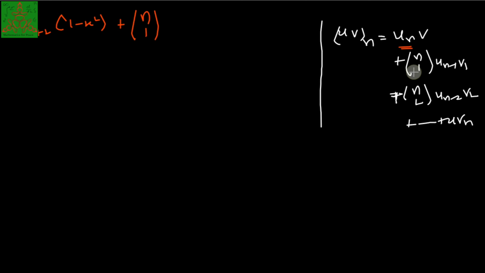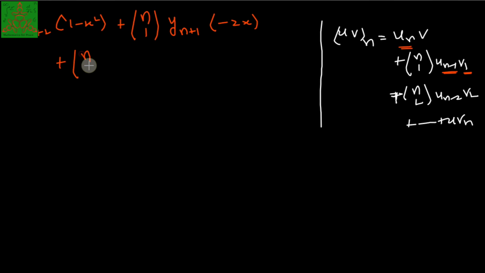Then it is u(n-1), one less derivative of u. u is y(n+2), so one less derivative is y(n+1). Then it is the first derivative of v, which is minus 2x.